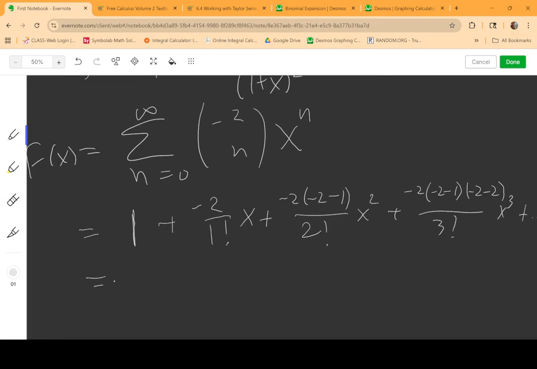If we simplify this, here we get 1 minus 2x.